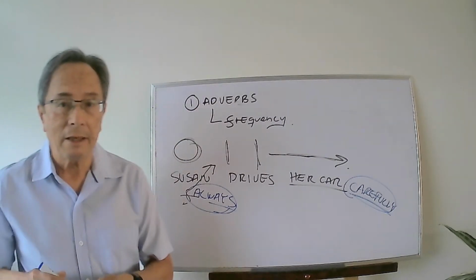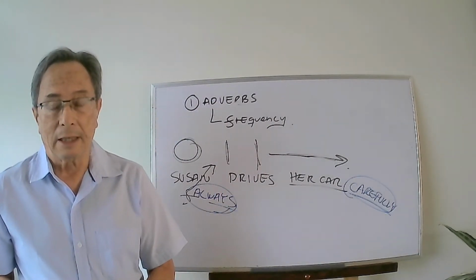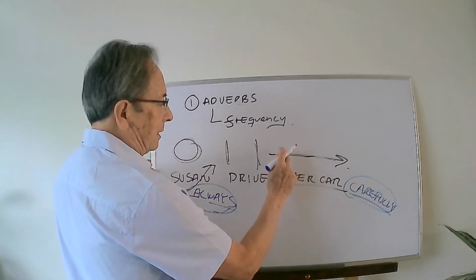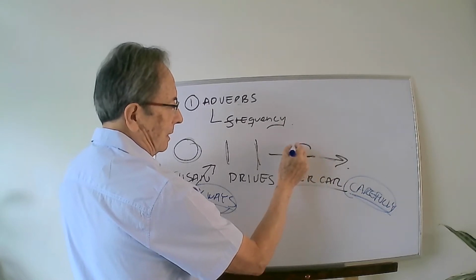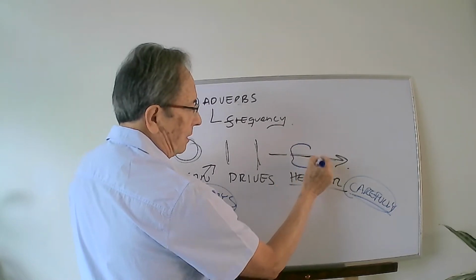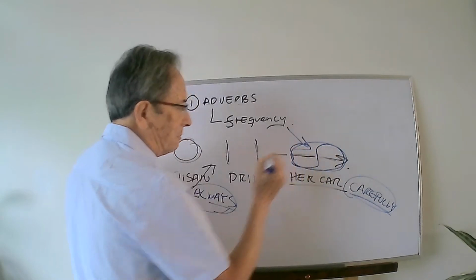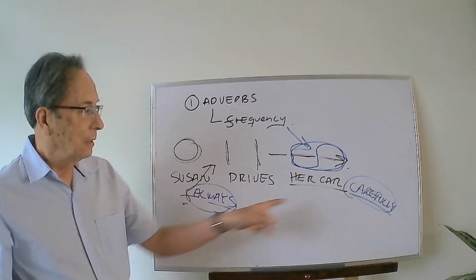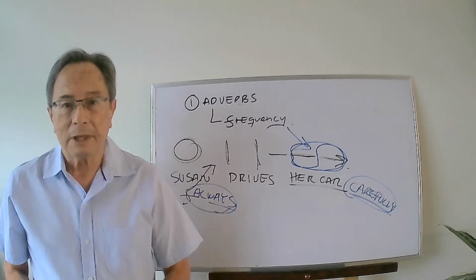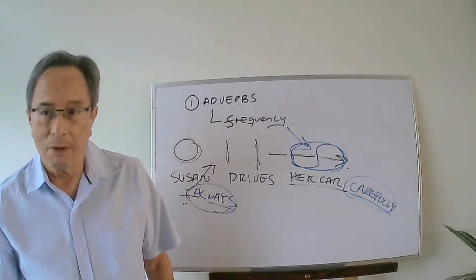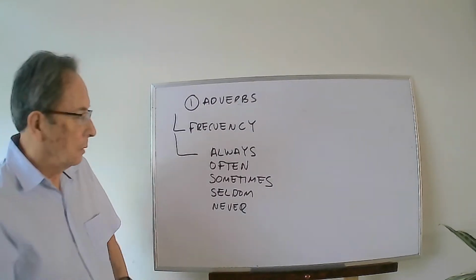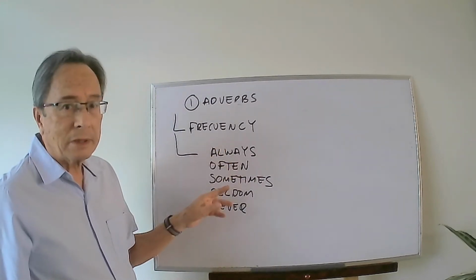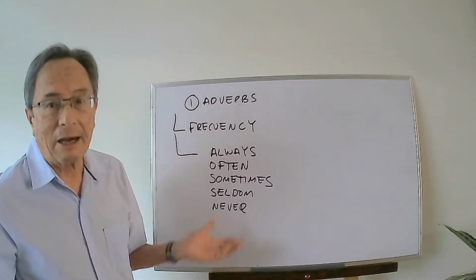We can have two or three adverbs in a sentence, because recuerden, el adverbio es el how, el where y el when. Those three parts can be adverbs. This is frequency, cuando, and this is carefully, como. But it's mostly how. Principalmente es cómo. So you see, el cuándo es una especie de cómo, realmente. The frequency is kind of like a description of how you do things.